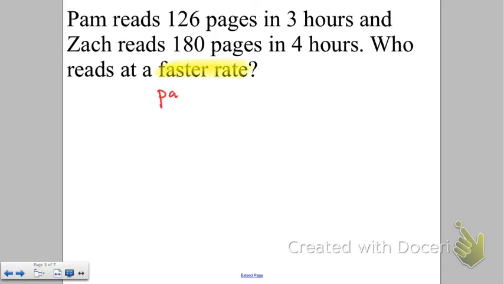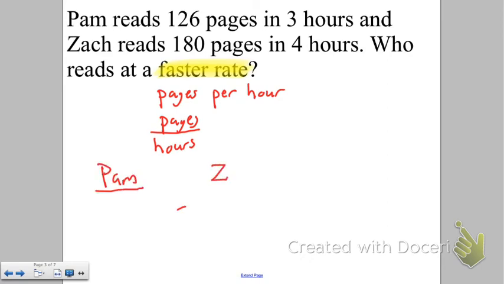So that's going to be the pages that they read per hour. That means I need to do the pages divided by the hours. I'm going to determine the rate for Pam, and I'm going to determine the rate for Zach. And then I'm going to see who reads at a faster rate.